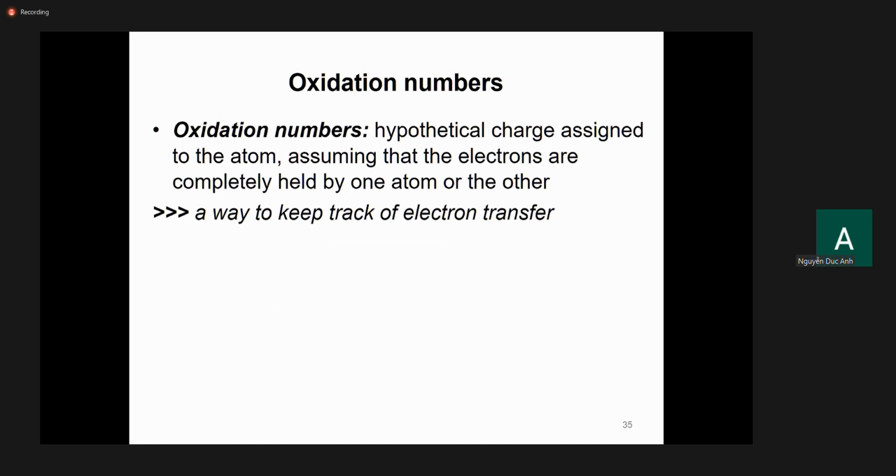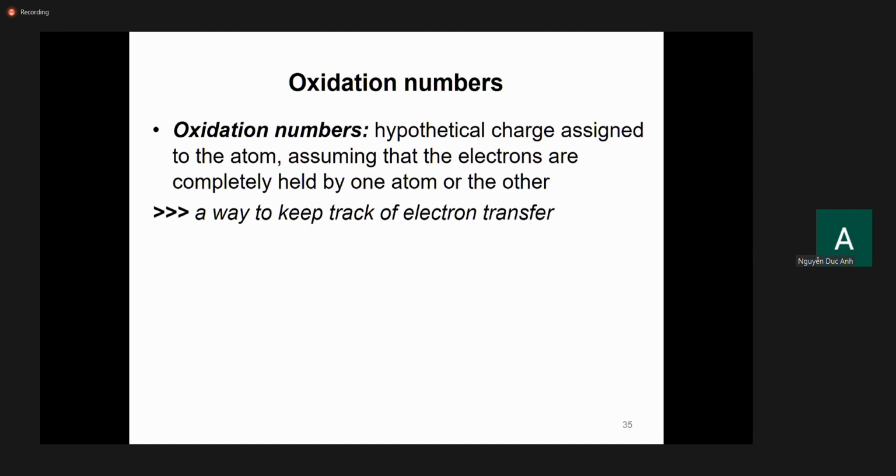To explain the redox reaction, we need to understand oxidation numbers. The oxidation number is considered a kind of hypothetical charge assigned to an atom, assuming that the electrons are completely held by one atom or the other.